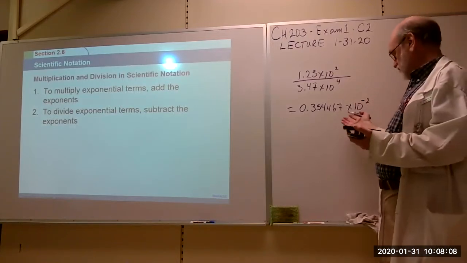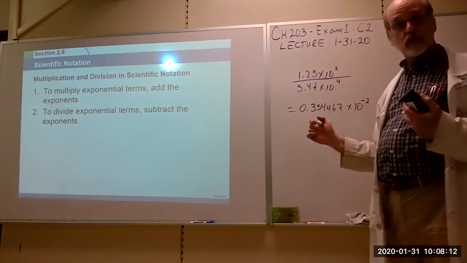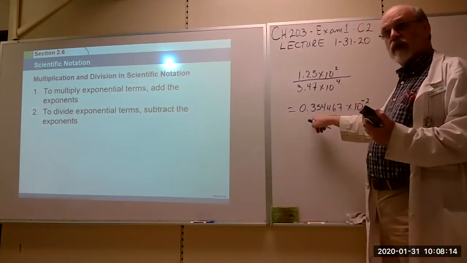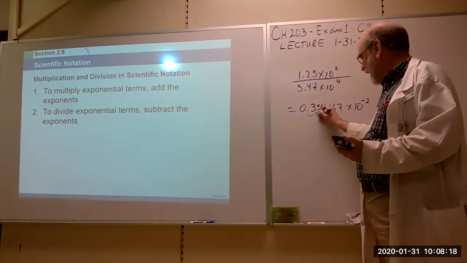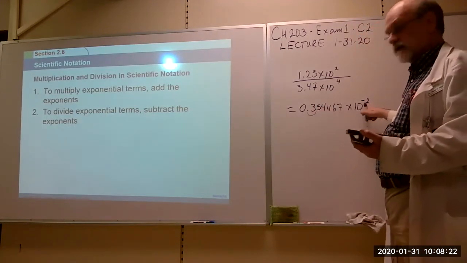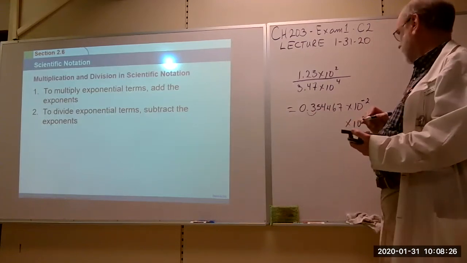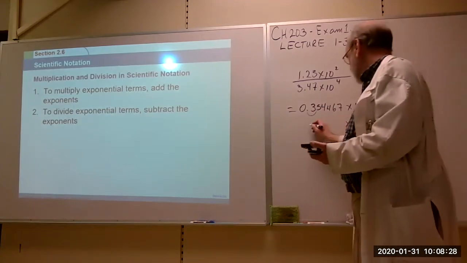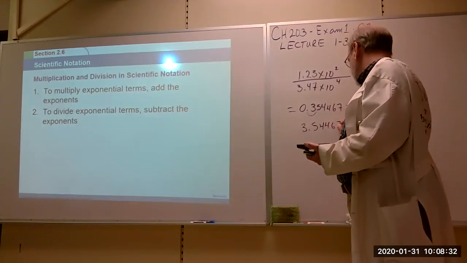Now we want to convert that to scientific notation, right? That's less than 1. Can't have that. So if we move this decimal to the right, that makes this exponent -3, and that would be 3.547.